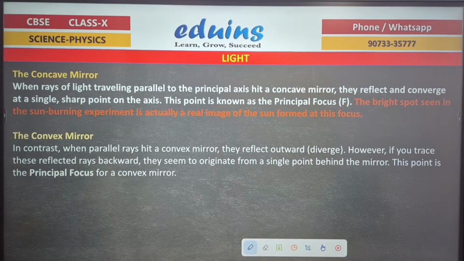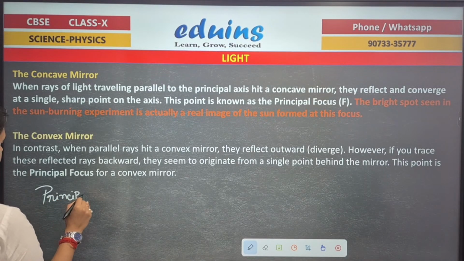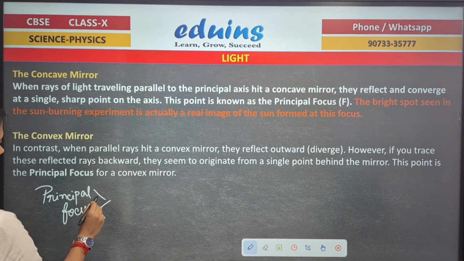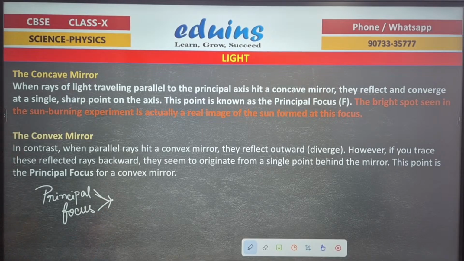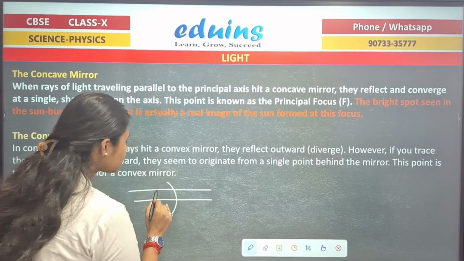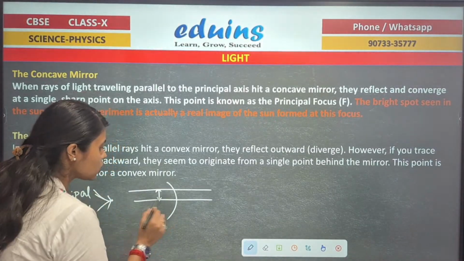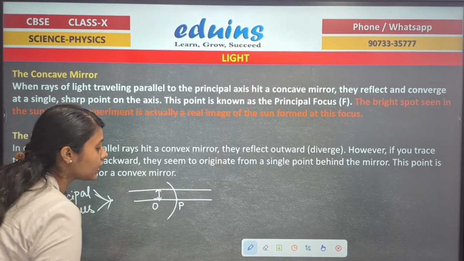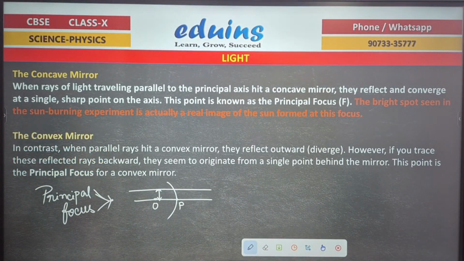Okay, so we have to study about principal focus. So, when rays of light traveling parallel to the principal axis. So, principal axis, this is the parallel line. Okay. So this is the principal axis that intersects the pole and the center of curvature.